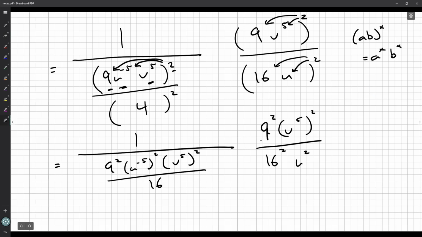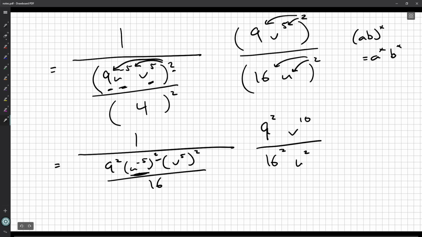So what could we do? Well, I notice I've got powers of powers. So this v to the 5 to the power 2 is v to the 5 times 2. Right, so we could go ahead and rewrite that. V to the 5 times 2. And as you're getting more comfortable with this, you might not write 5 times 2. You might say 5 times 2 is 10.